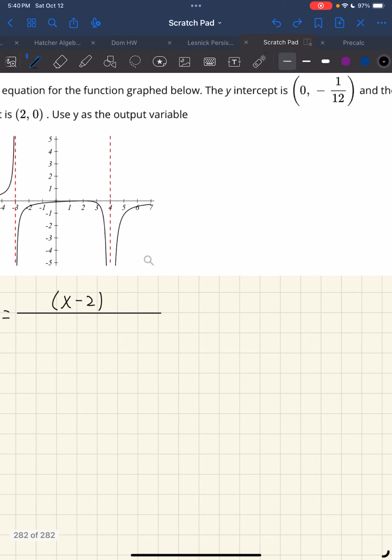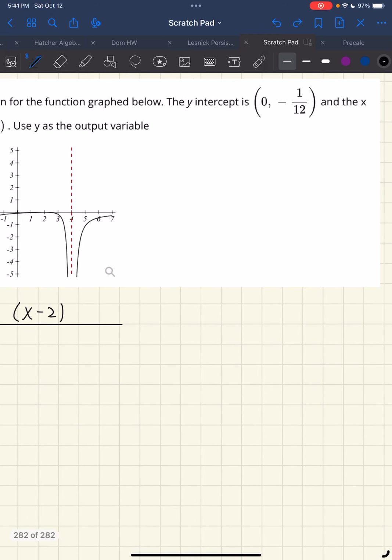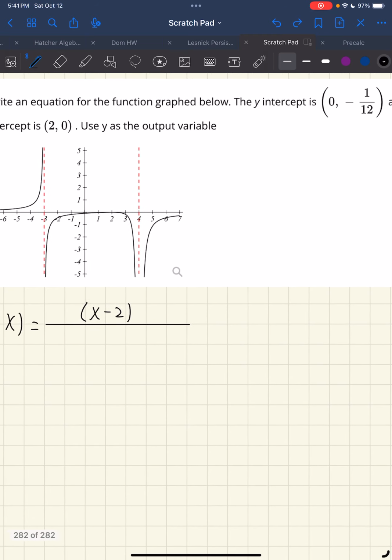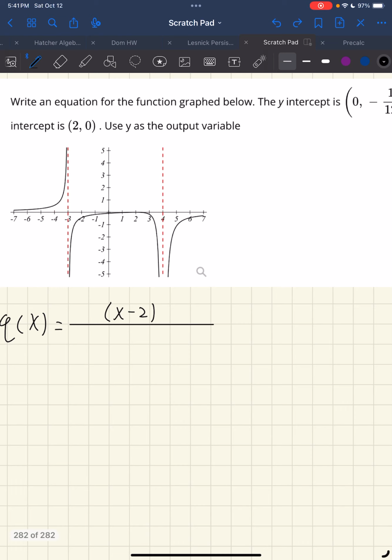Now, what we also know is the y-intercept is here. I don't care too much about that yet. I don't think that's going to be too helpful. What will be helpful are the vertical asymptotes, because those are what's telling me what will happen in the denominator.